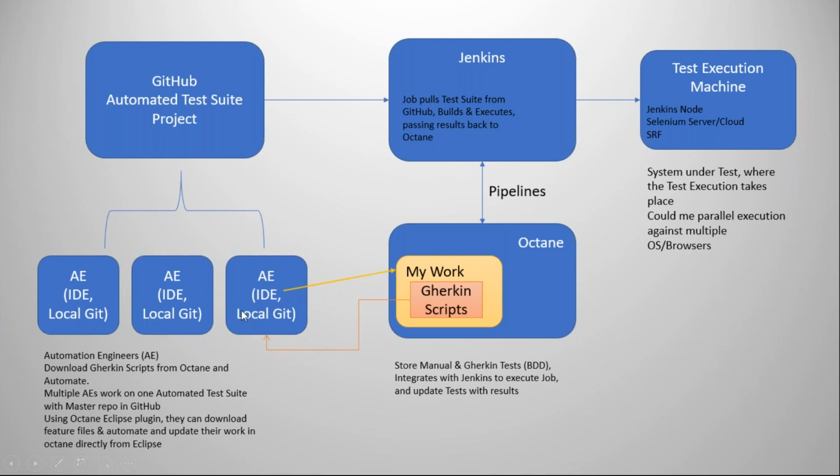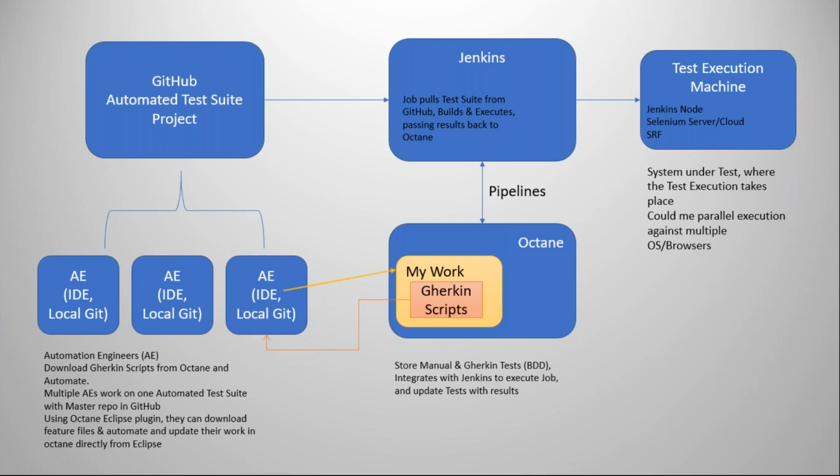In this case, we're going to be using Git. So our automation engineers develop automated scripts, and then keep those in source control locally in Git. Then we can push those up to a GitHub project. So the GitHub project is our automated test suite, and essentially we can have a whole team of automation engineers working on that automated test suite project at the same time.